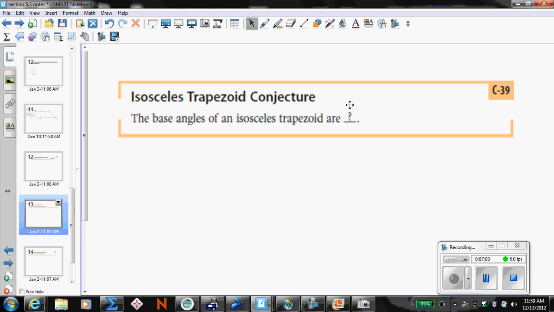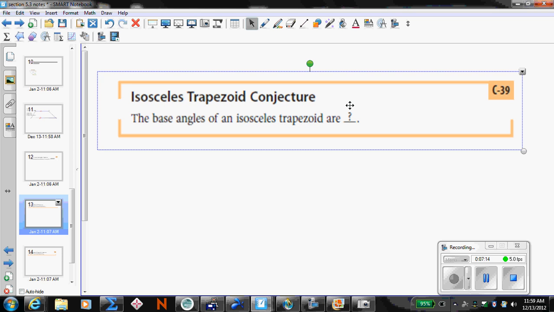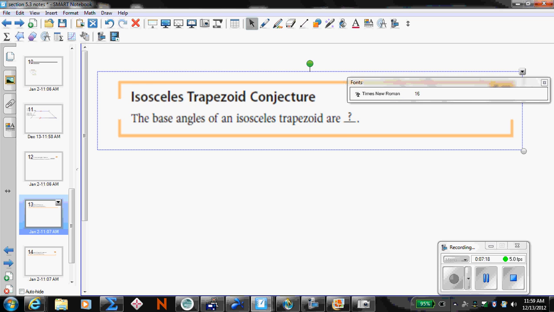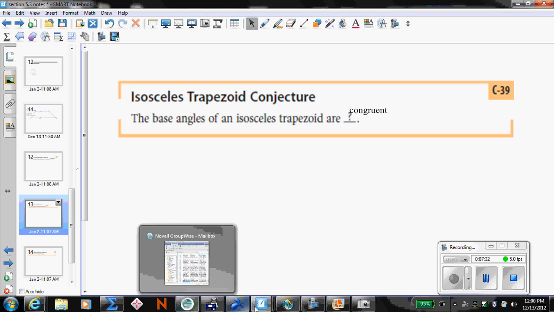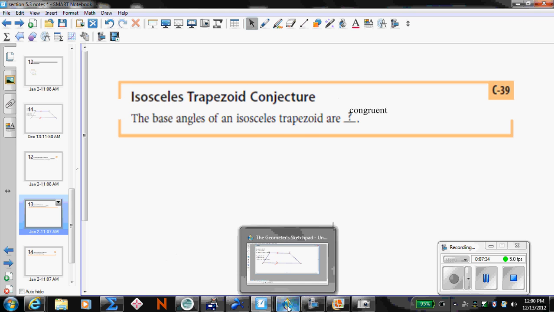So conjecture 39, we are going to fill this in with congruent. Base angles of an isosceles trapezoid are congruent. You may want to try to make your trapezoid an isosceles trapezoid or construct one.